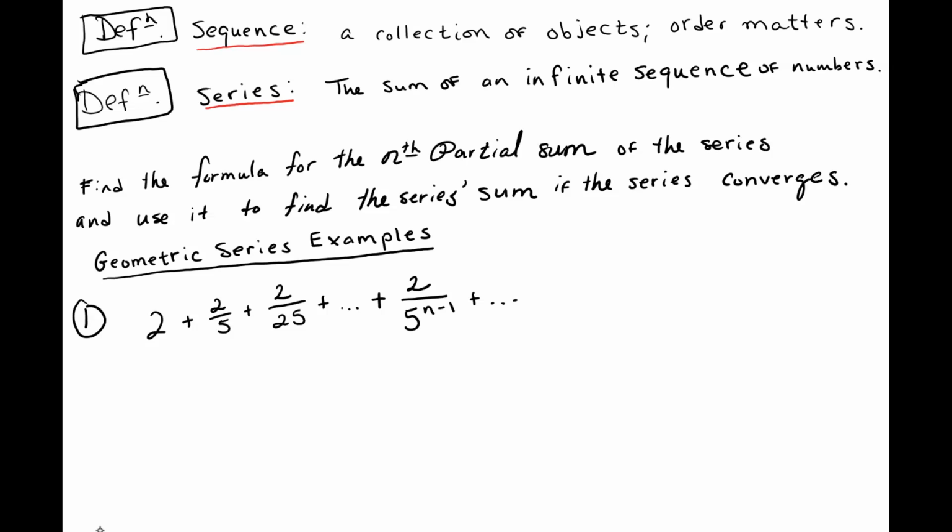But there's a couple of things that you can do, okay? So what we're going to do is first figure out, well, what is this formula? All right, so let's write out the formula. So to find the formula for the nth partial sum, we have to look at some components of what we're looking at here, which is a geometric series.